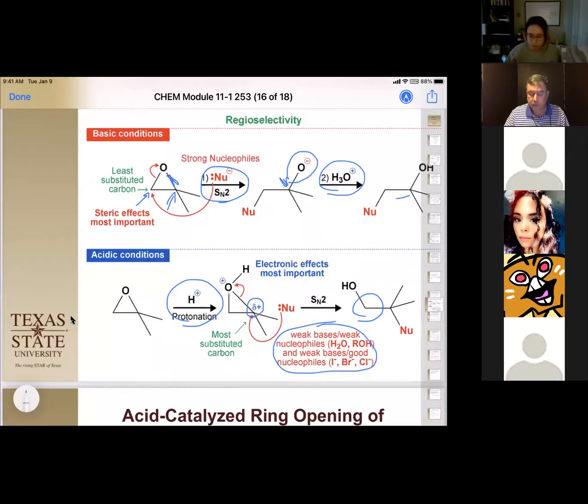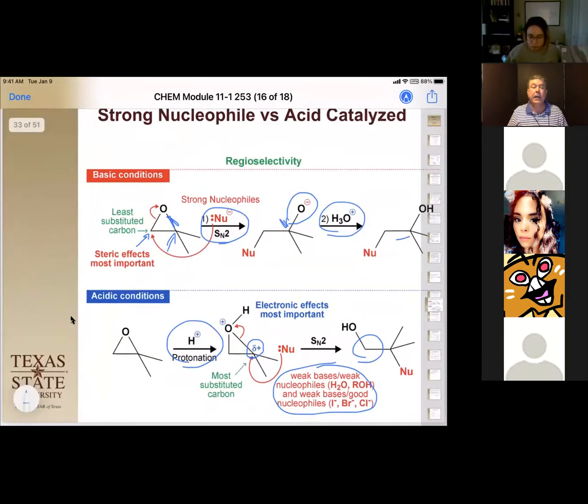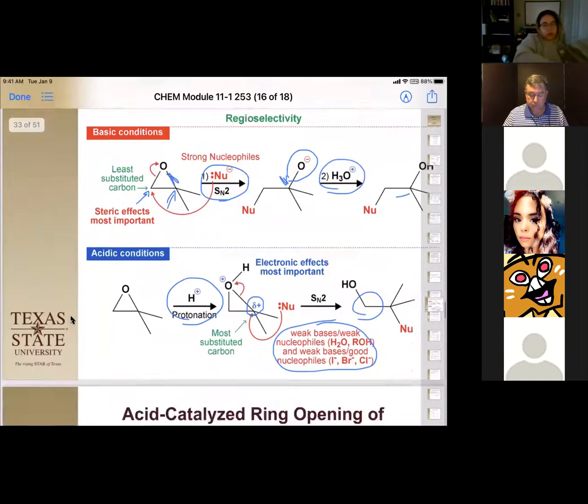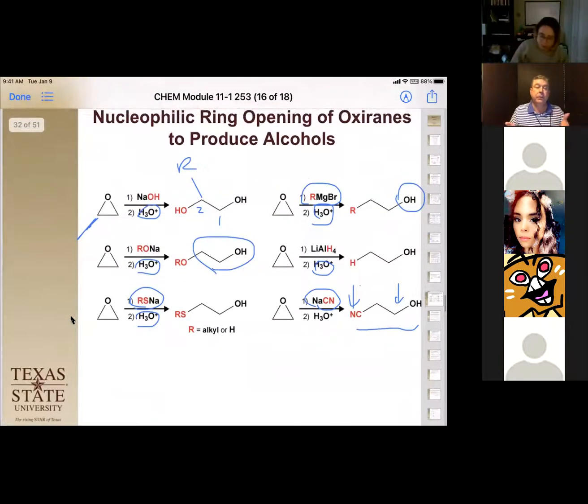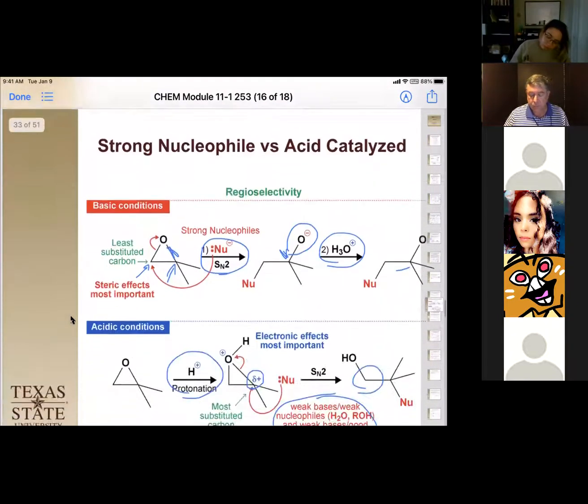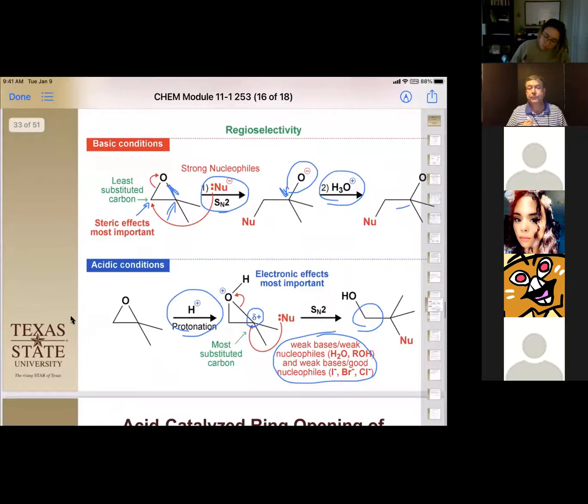This is a nice selective reaction, and so you have to look at the reagents to see which side is going to open and which way it's going to open. And in all of these, because it's symmetrical, we really can't tell which side it attacked. But when you have it substituted, you can.